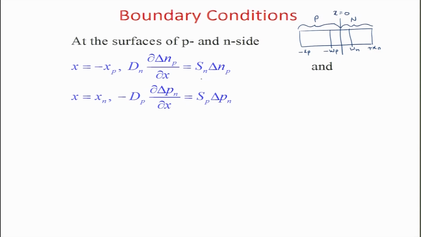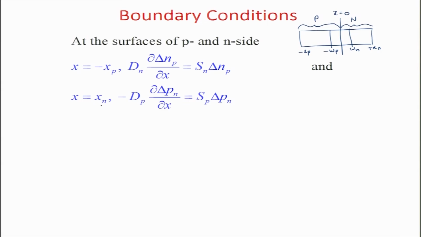This is the recombination term that we saw when we were talking about the surface recombination term. So on the surface, you can say the diffusion current is limited by the surface recombination. The carriers which diffuse out get recombined at the surface.